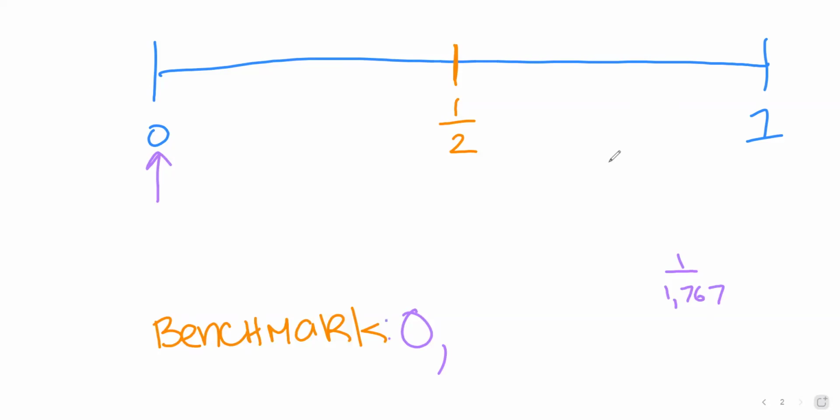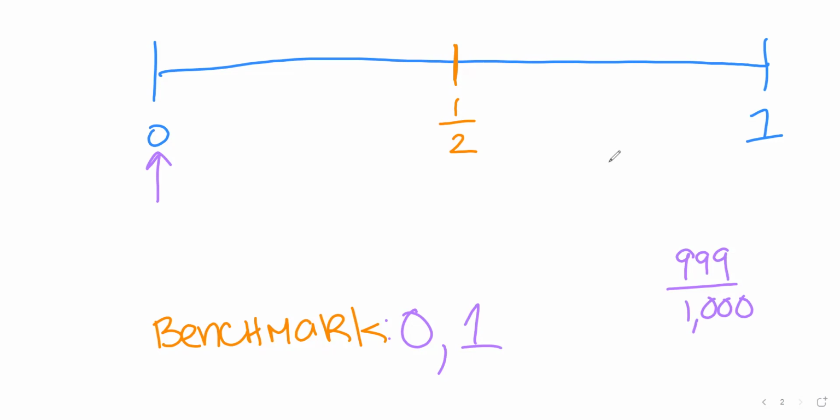It's more of a value to help us with estimation. And then the other anchor is the extreme other side of the number line, and that would be 1, which could be something like 999 out of 1,000. Well, I only need one more piece to make a whole, so I'm pretty close to 1.